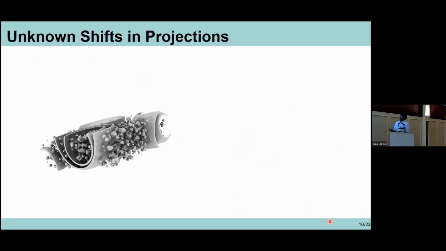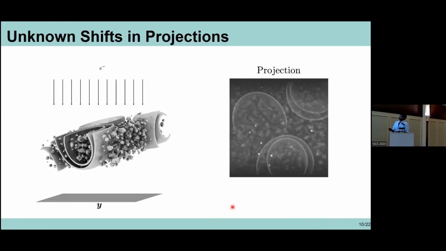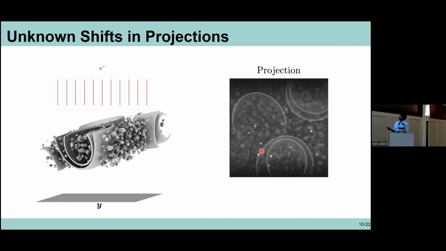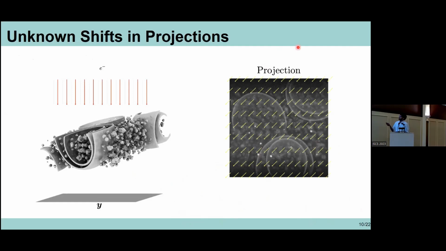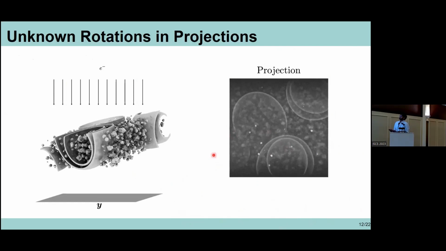First is the shift. You have the projection over here, which looks like this, and now the projection is slightly shifted in one direction. You can see it shifted in the downward direction. We model this using a shift operator, defined by the parameter tau m. Similarly, for rotations, we use an in-plane rotation operator.